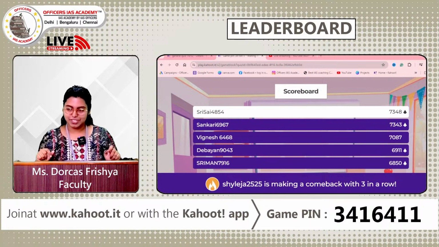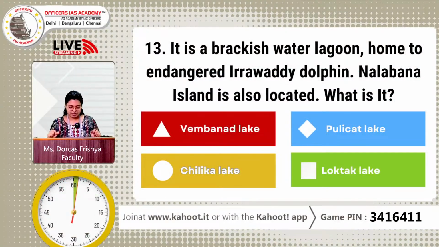All right. So let's look at the next question now. Question number 13. It is a brackish water lagoon. It is home to the highly endangered Irrawaddy dolphin. The Nallabana island within the lake is notified as a bird sanctuary. Which lake is it? Option A, Vembanad Lake, B, Pulicat Lake, C, Chilika Lake, and D, Loktak Lake.